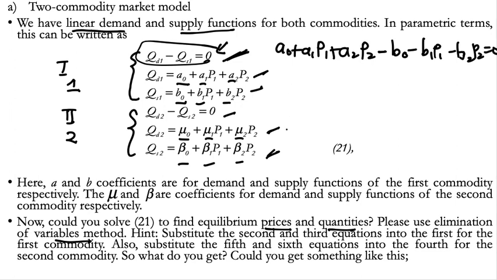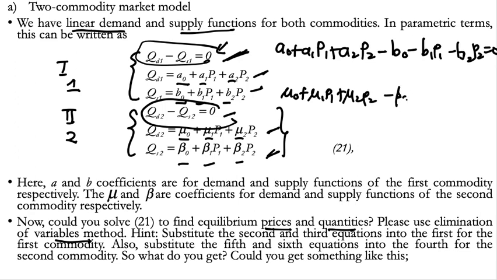Also, in the second market for the second commodity, you do the same because you want no excess demand, meaning you are in equilibrium for commodity 2. That means alpha0 plus alpha1 P1 plus alpha2 P2 minus beta0 minus beta1 P1 minus beta2 P2 equals 0.